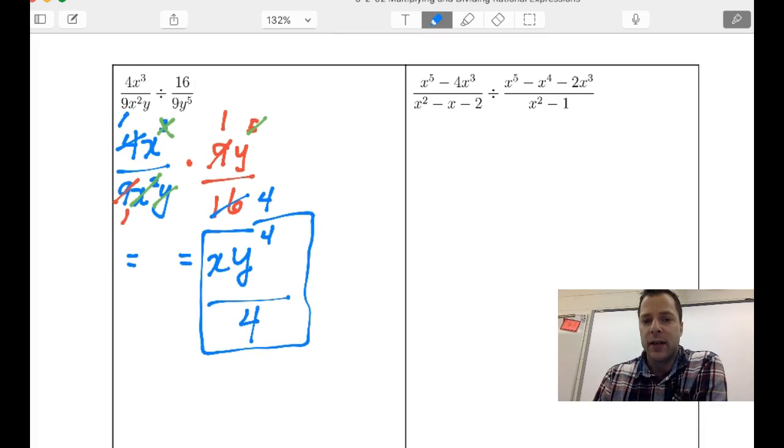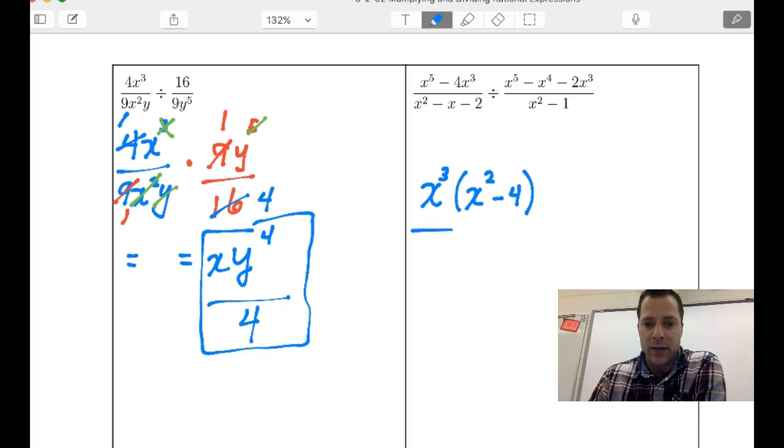Now in the second one, we're going to do some factoring like we did in the second one with multiplying. So we have x to the 5th minus 4x cubed over x squared minus x minus 2 divided by this whole thing. So let's start by factoring. X to the 5th and 4x cubed share an x cubed, and we're left with x squared minus 4.